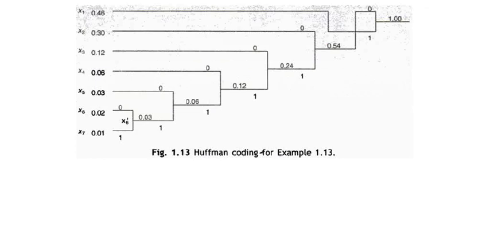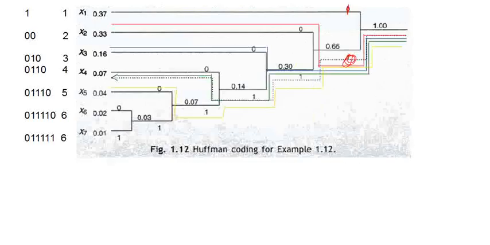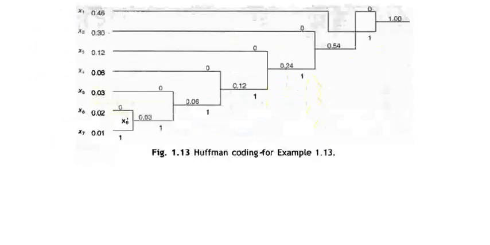So, 7 symbols we are writing in a decreasing probability order. And now, what we have to do? The previous question had the same setup with different probabilities. Here the clear thing was given.